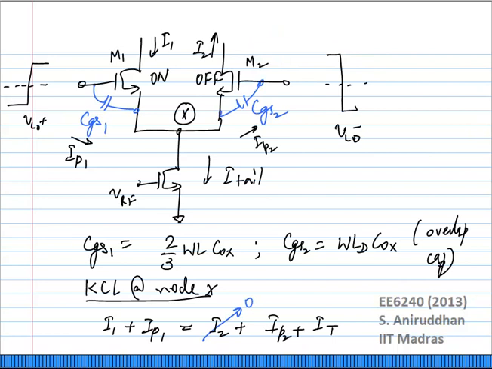If you are writing these currents in the time domain, they are going to be related to the voltage across the capacitor. Now we will also make another approximation to make things easier for us. We will say that the current through CGS2 is very small because the overlap capacitance is very small.